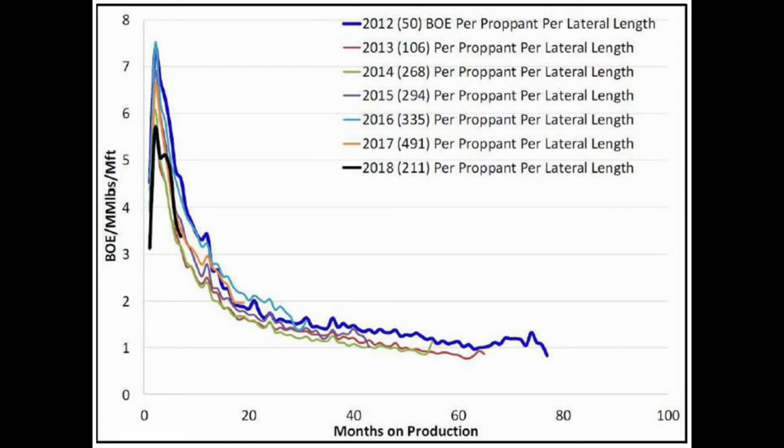So with this normalization parameter against production, we get a pretty surprising result. We're trying to look at effectiveness and efficiency, not just volume growth. We're finding out that year after year after year, we're actually getting less efficient.